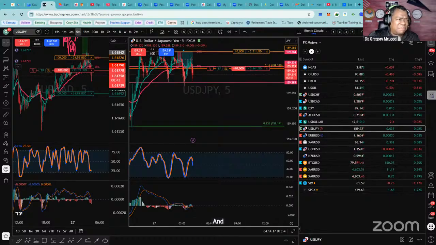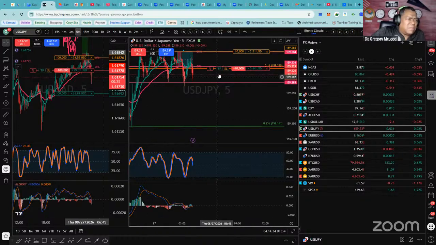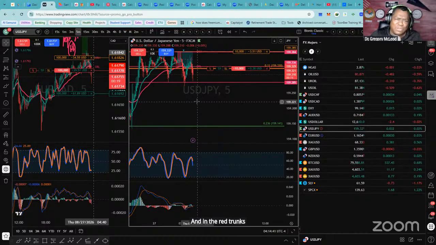And it looks like the Bears are getting kicked in the teeth by the Bulls. But how long can this continue? The Bulls are being pushed against the wall. And in the red trunks, weighing over 2,000 pounds, the Bears from Chicago.